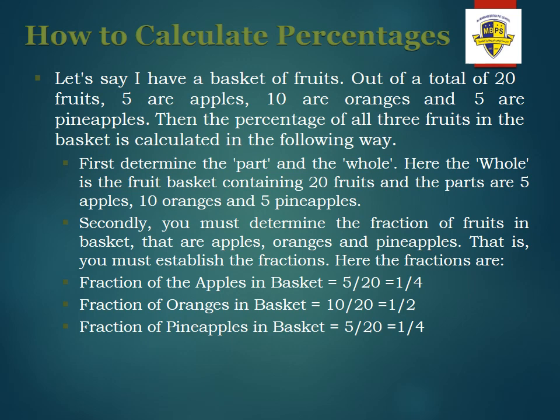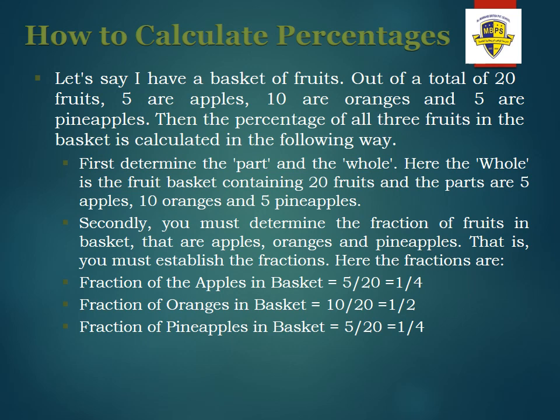Secondly, you must determine the fraction of the fruits in the basket that are apples, oranges, and pineapples. You must establish the fraction. The fraction of the apples in the basket is 5 out of 20. We have 5 apples out of 20 fruits, and this is equal to a quarter.